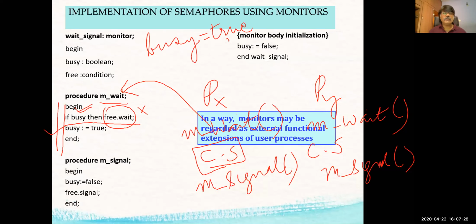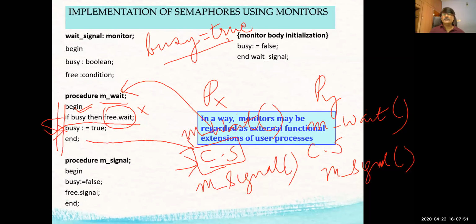Because initially busy is false, and process X has invoked the function mWait, there is no need to execute free.wait. The control goes to the next line. Busy is set to true, the function returns back to process X, and process X enters the critical section.